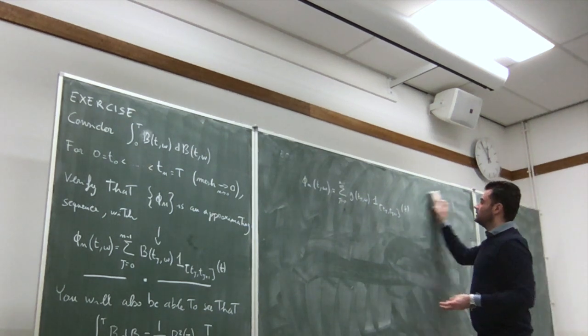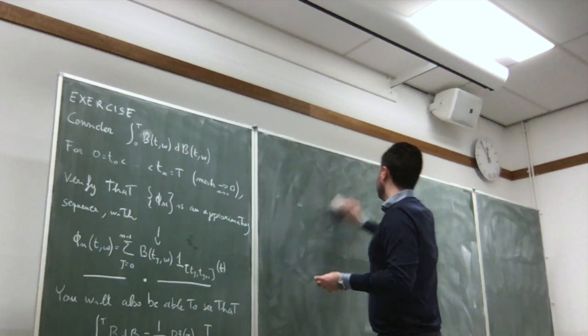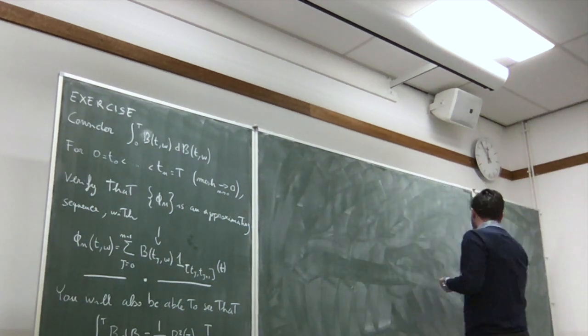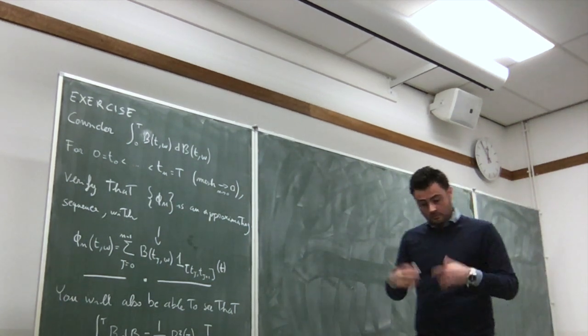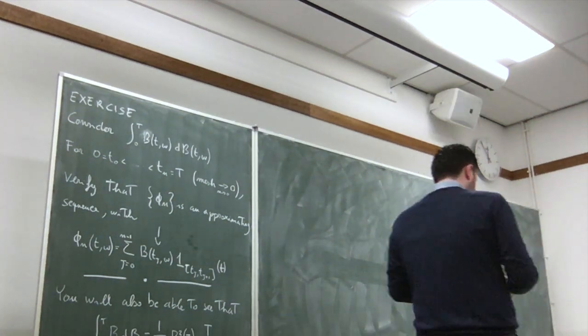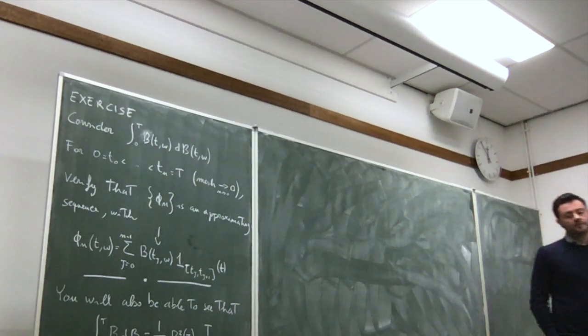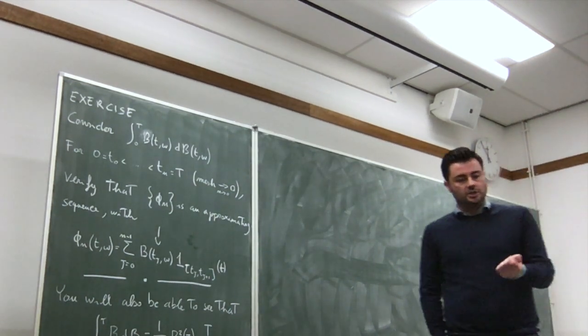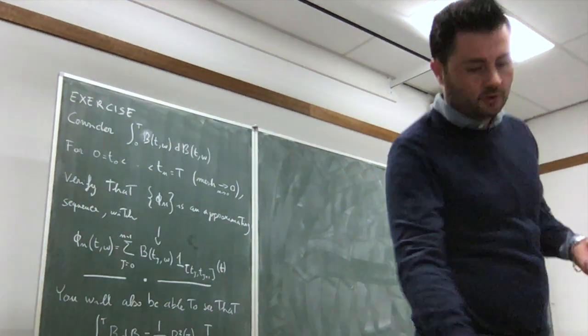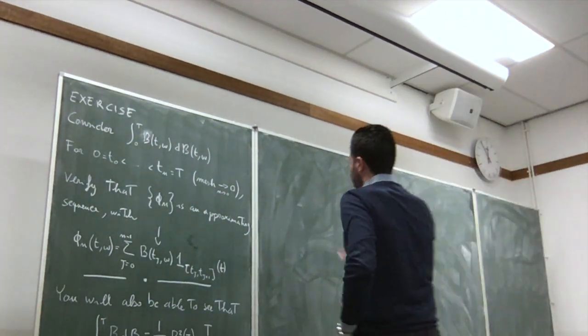Okay, given that we assume for the moment to have proven the theorem, so we know that the theorem works, that is to say we can always find this approximating sequence of whatever function in M2, we can give actually the definition of our Ito integral. And the definition is the following.